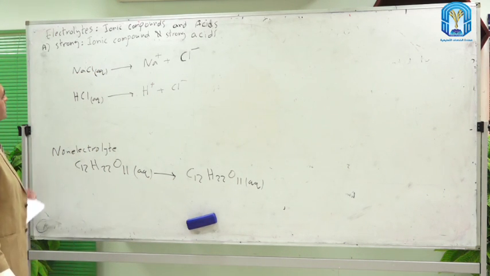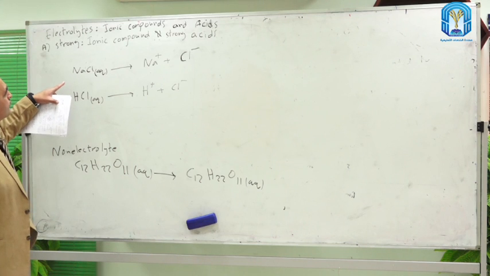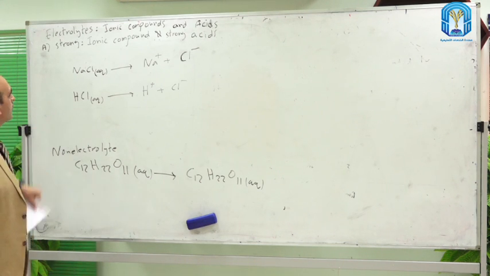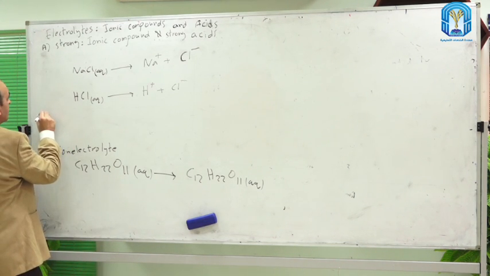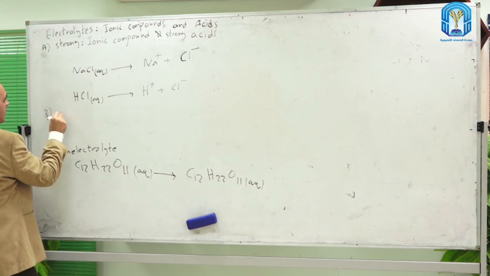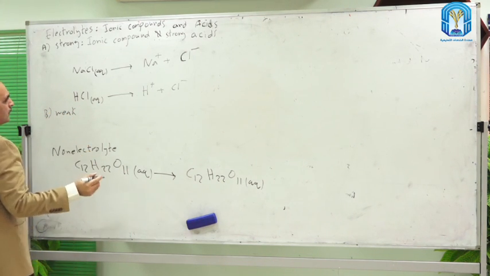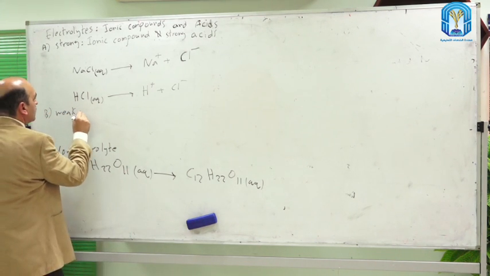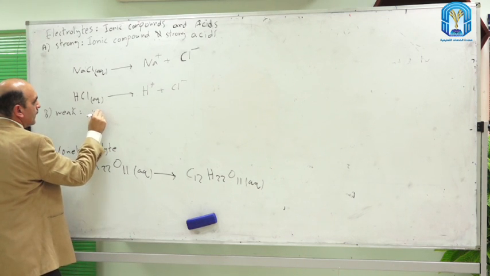So strong electrolytes are ionic compounds and strong acids. And we have also weak electrolytes. Weak electrolytes are weak acids.